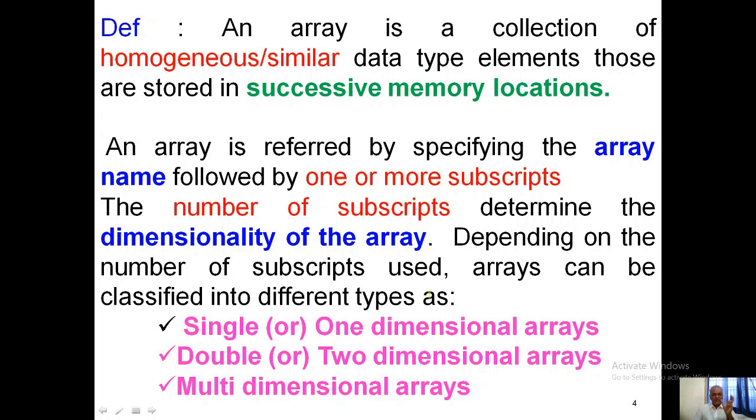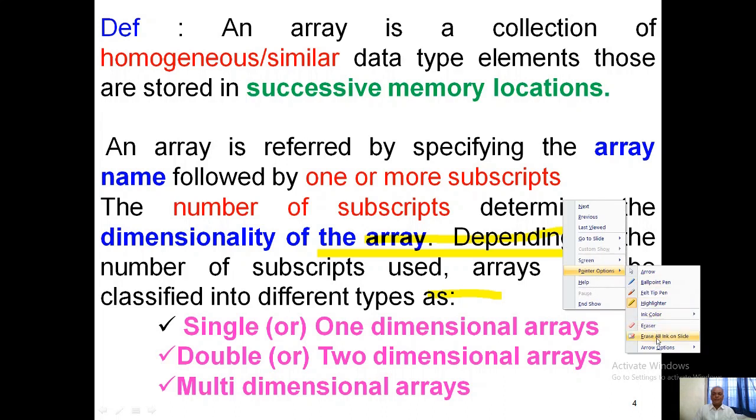If it is a one dimensional array, it has only one subscript. If it is a two dimensional array, it has two subscripts. And in a multi-dimensional array, it has more than two subscripts. So the number of subscripts determines the dimension of the array.